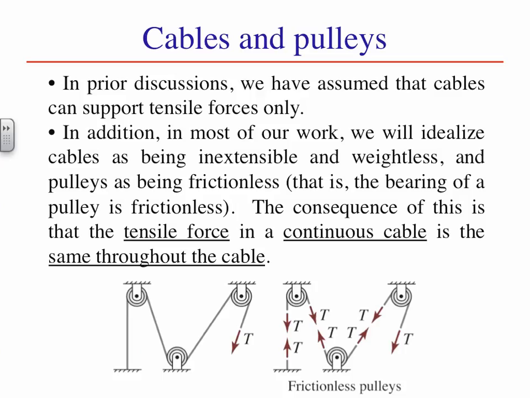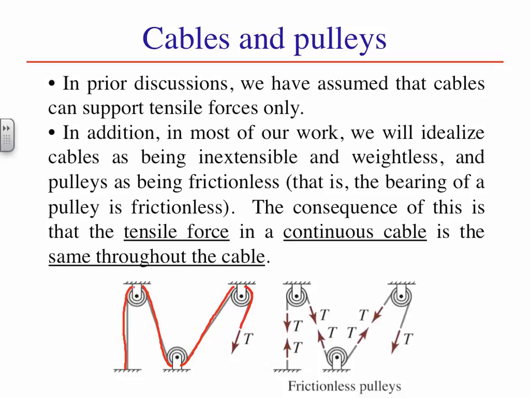Even though a small amount of friction may need to be present so that the cable doesn't slide over the pulley surface, we will assume this friction is negligible. The result of these assumptions is that any continuous cable segment wrapped around one or more pulleys will be assumed to have the same tension.